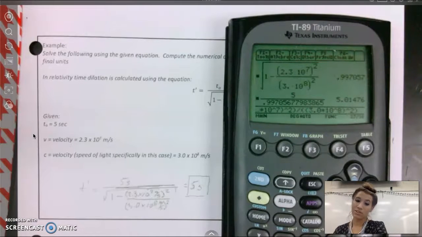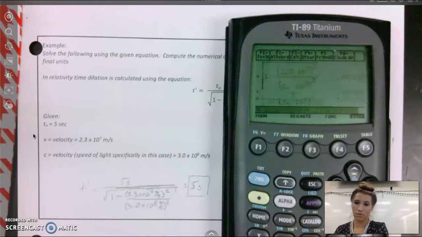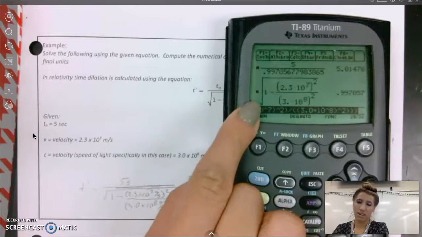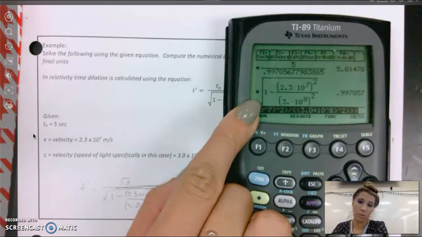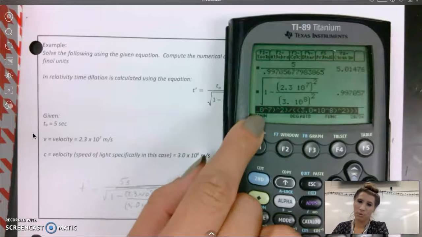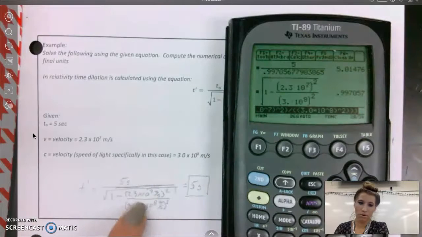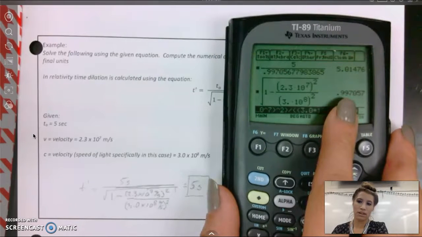There's the bottom of the fraction, parentheses for the whole fraction itself, and then finally square root. Okay. Now, I love pretty print. I suggest getting a calculator that does pretty print, because now I know with all those parentheses that I threw in that I put them in the right spot, because it does in fact work out to what I had here. Okay, so I have my answer of 0.997.